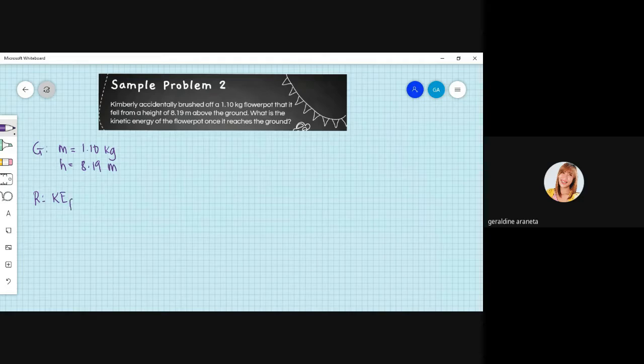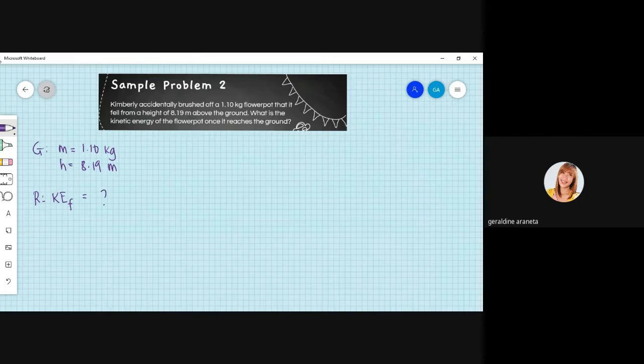So that will be the final kinetic energy. Kasi syempre, kapag may potential energy kasi initial, you also have the kinetic energy sa initial. And after the process, meron kang final potential, meron ka ding final kinetic energy.